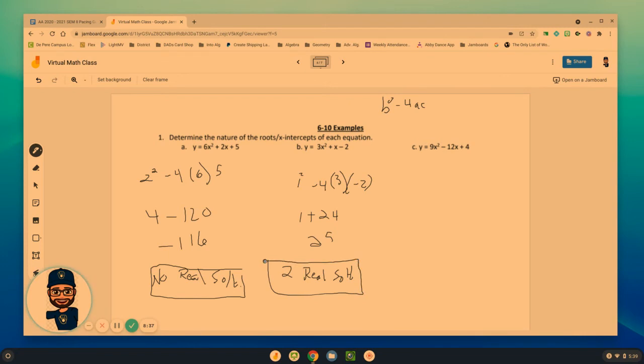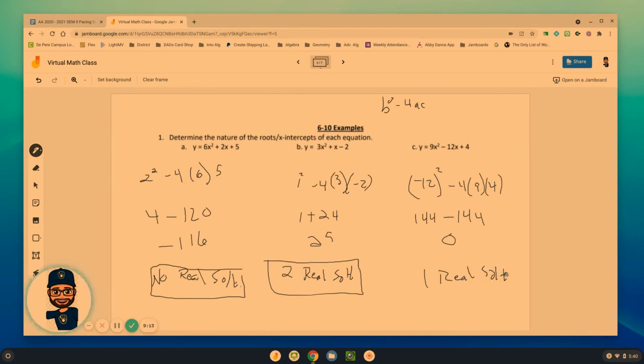And then in our last one, b squared, which is negative 12, that quantity squared, minus 4 times a, which is 9, times c, which is 4. Negative 12 squared is 144, minus 36 times 4 is also 144, which gives us a final value of 0, meaning we would have 1 real solution.